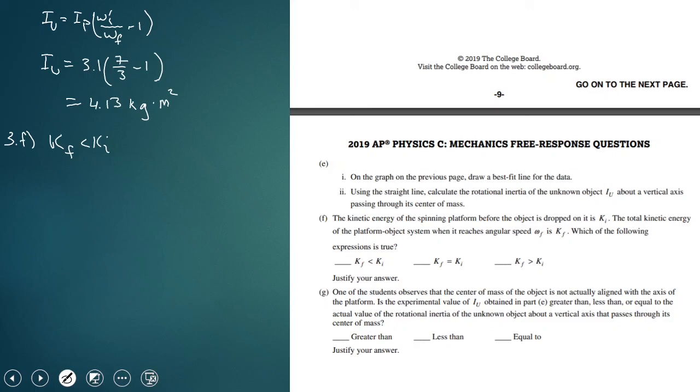I guess you could just use the formulas for Kf and Ki, saying that, okay, the net kinetic energy at the end is going to be one half the moment of inertia, so I_P plus I_U times omega f squared, versus one half I_P omega I squared, right?